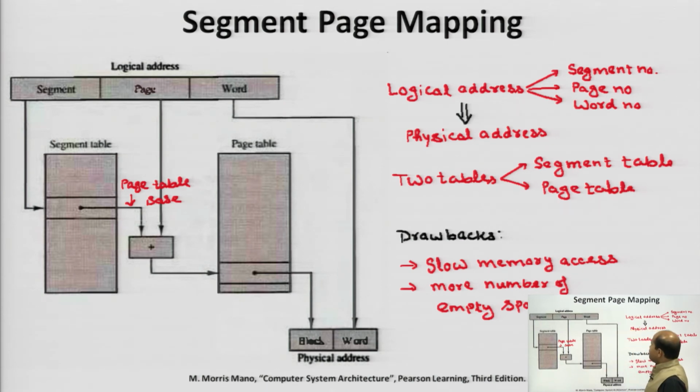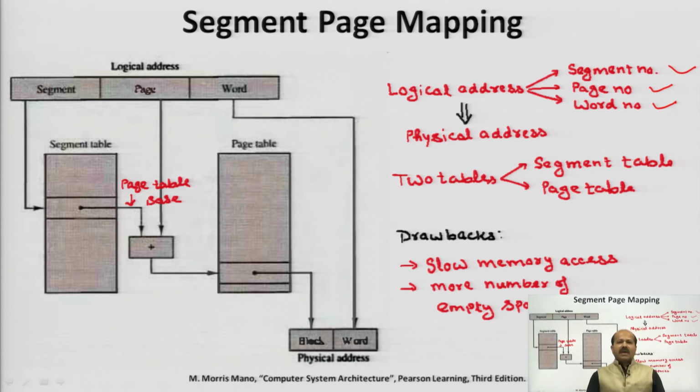So, you can see the given logical address has three parts. First is the segment number, the second is the page number, and third is the word number. The logical address is divided into three parts because programs and their corresponding data which are logically related to each other are stored in different segments.